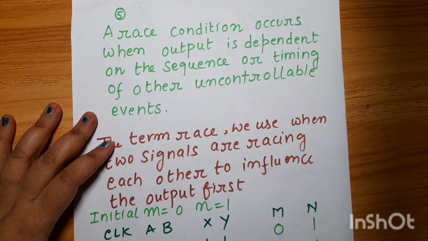Race around condition, what happens? The output we get is actually dependent upon the sequence of inputs provided. Suppose there is some unstable condition in the value of input, that would give rise to a different output. Those uncontrollable events will give rise to different conditions.